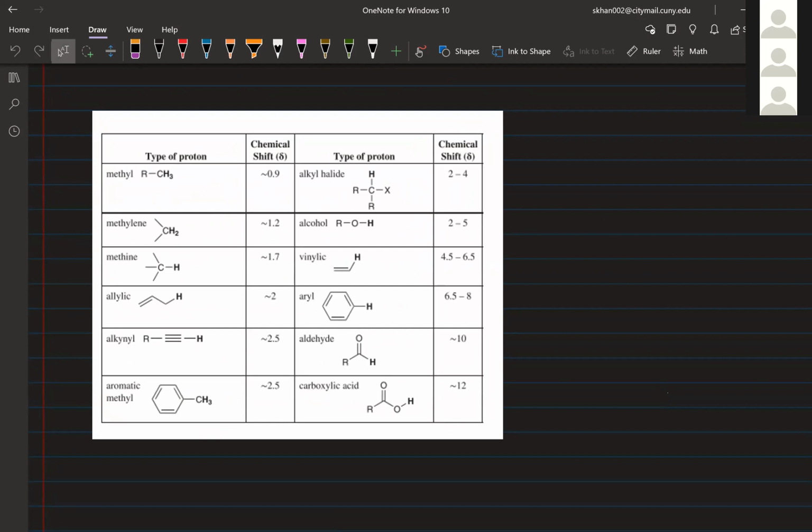This is the one table I would say, I hate saying memorize, but NMR is one of the few things you're just going to have to remember through a little bit of memorization, especially because I run NMRs usually weekly. So you kind of have to know where you expect certain types of protons to be.